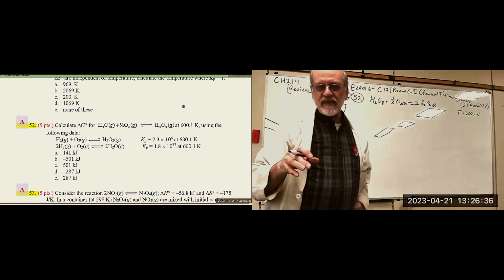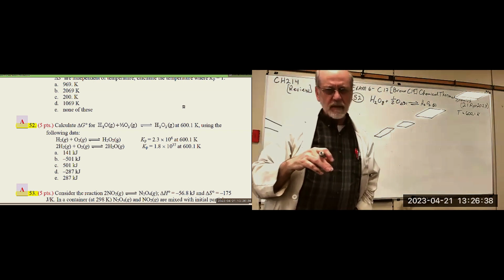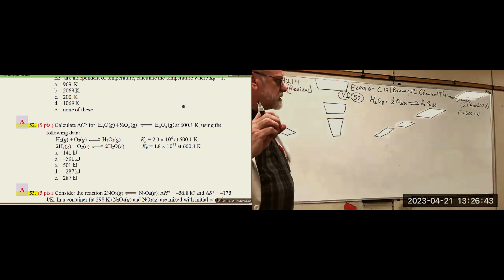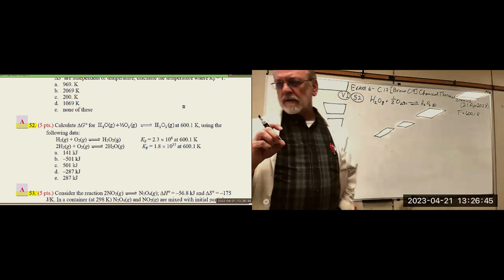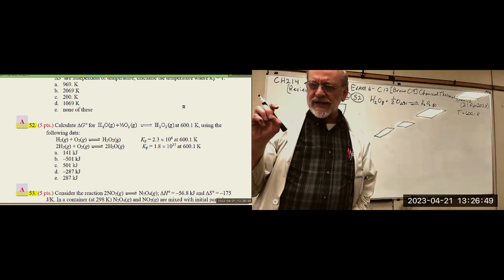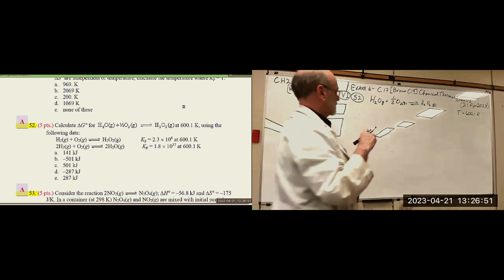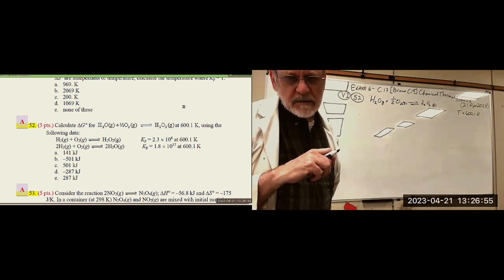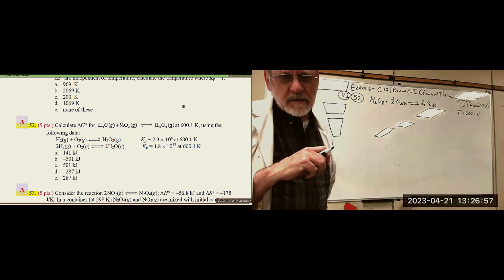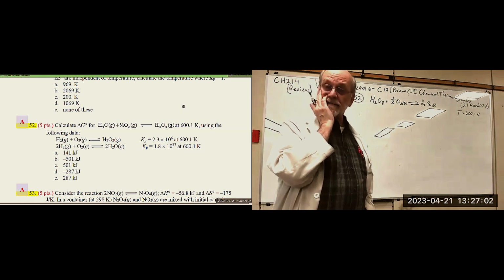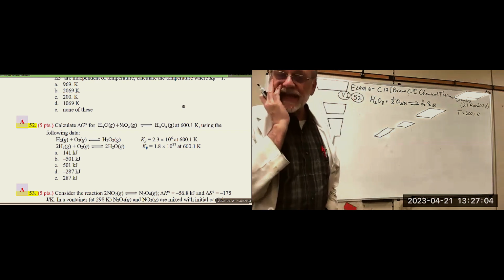Now, why would we need those? Well, if we're going to calculate delta G, we need a relationship for delta G and K. We're given the K's for those.